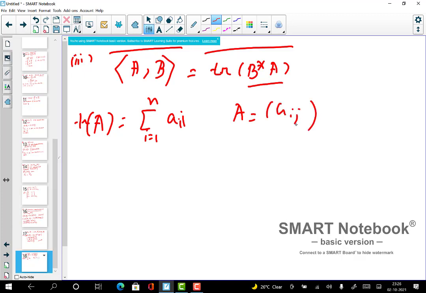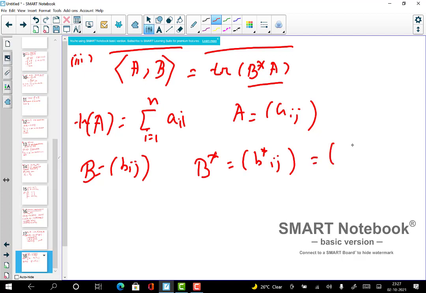Now suppose you have the matrix B with entries Bij. Then what will be B star? B star ij is nothing but Bji bar. Now if you multiply these two, for example multiply B star with A, how does this matrix look?